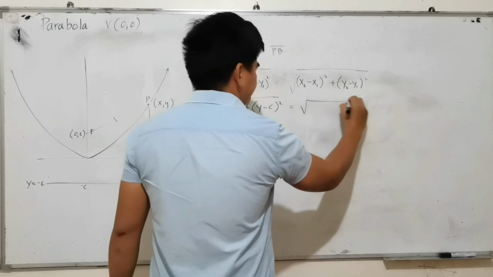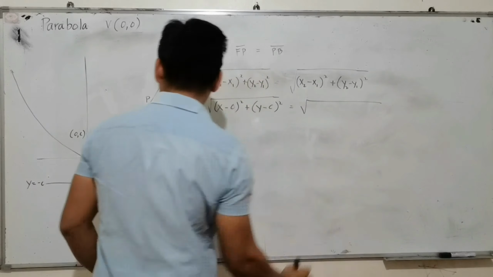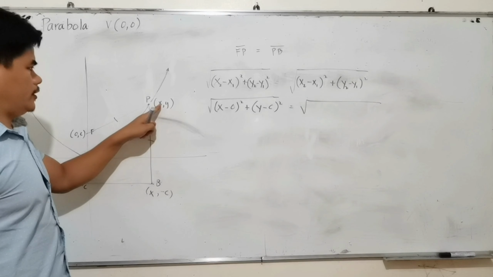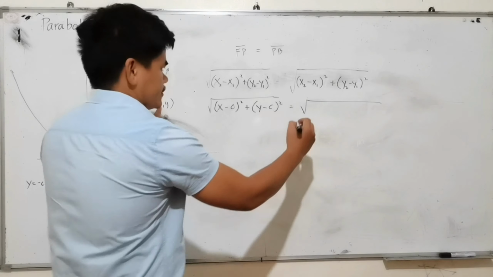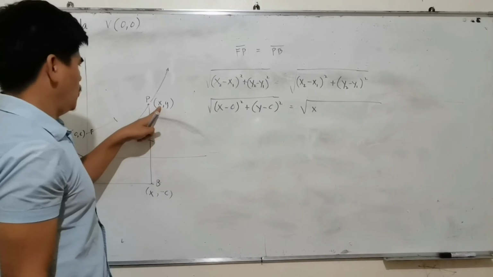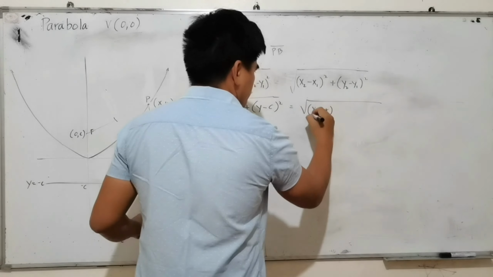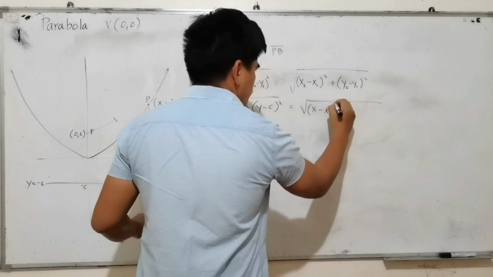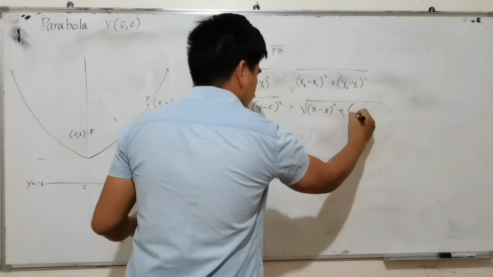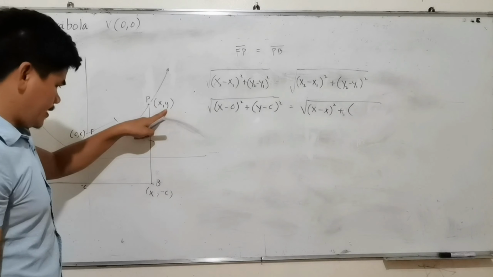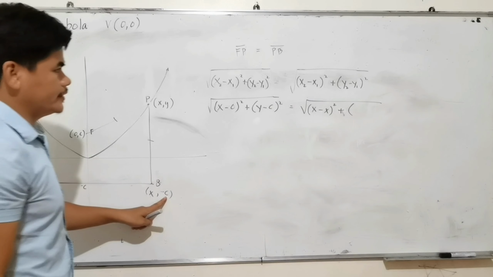Next, the other side. If this is x sub 2 and y sub 2, this must be x sub 1 and y sub 1. Now, x sub 2 is x minus x sub 1 is x, so (x minus x) squared, plus y sub 2 is y and y sub 1 is negative c.